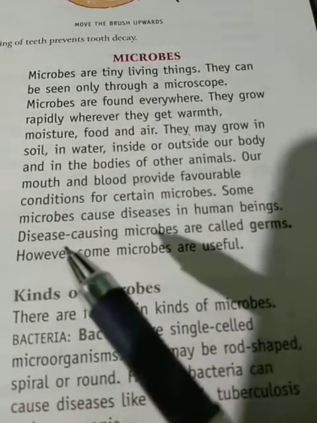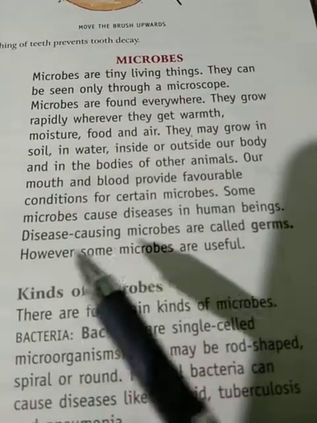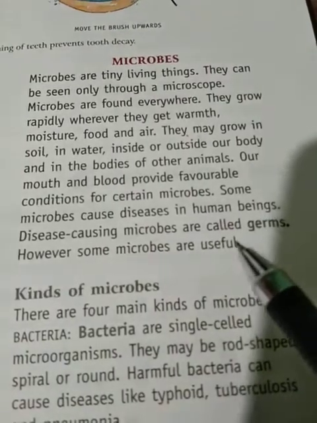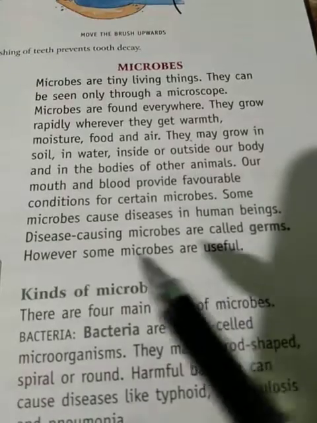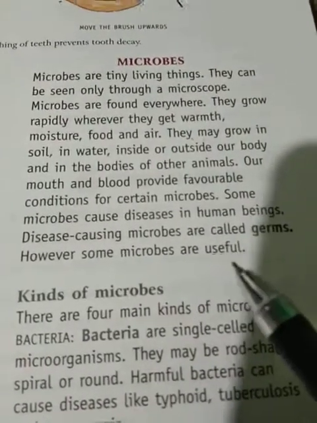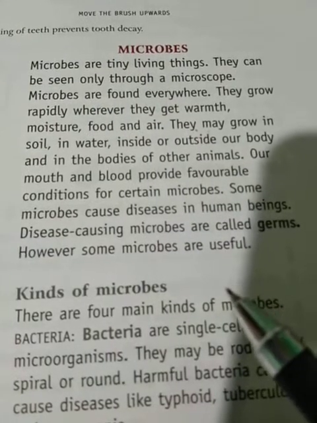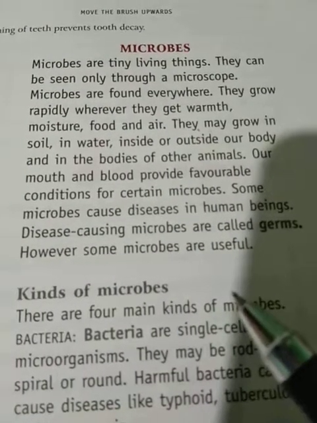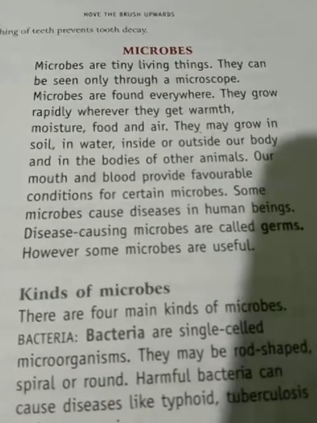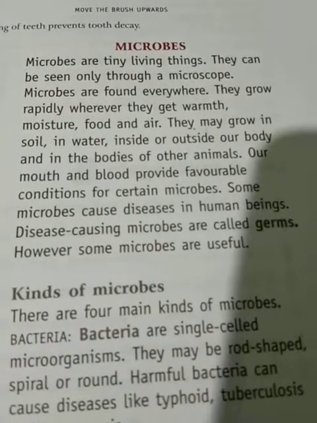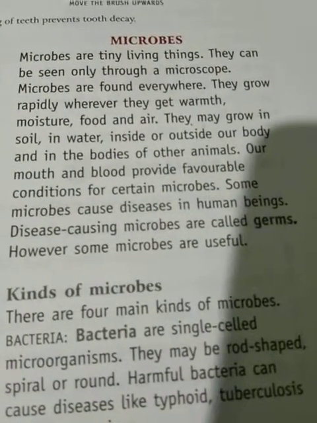Now some microbes cause diseases in human beings. We all know that disease causing microbes are known as germs. But some microbes are useful. Suppose, as an example, milk gets converted into curd. Curd is not harmful for the human body or any animal, right?